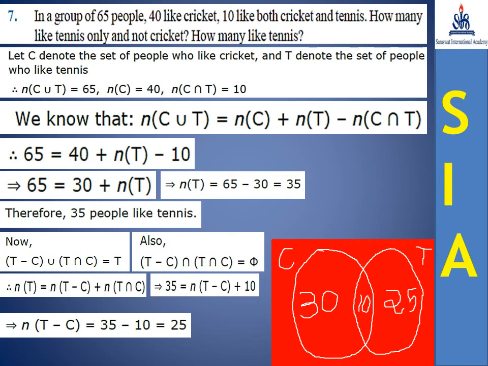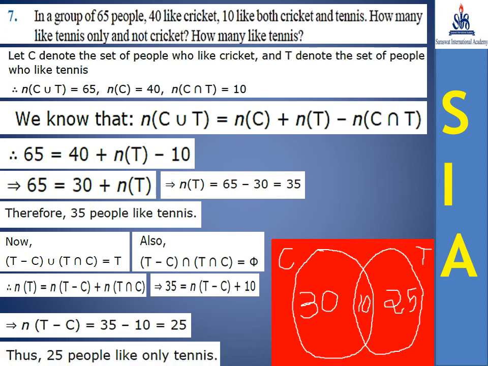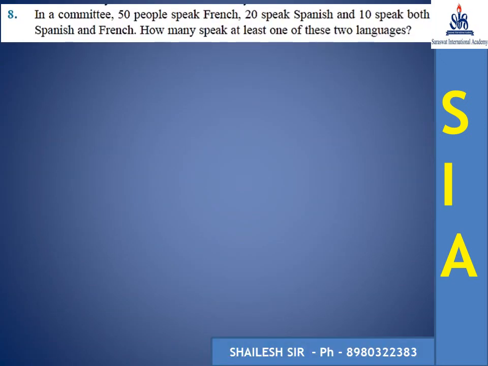Okay, because 10 people like both cricket and tennis. Next, move ahead. So 25 people like only tennis. And if you ask only cricket, you write down the answer 30. Yes, students, 30 is the answer.